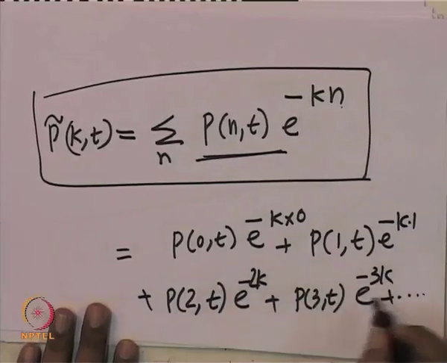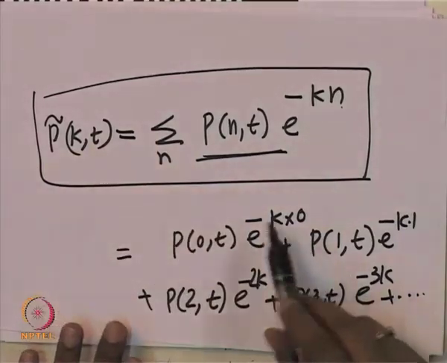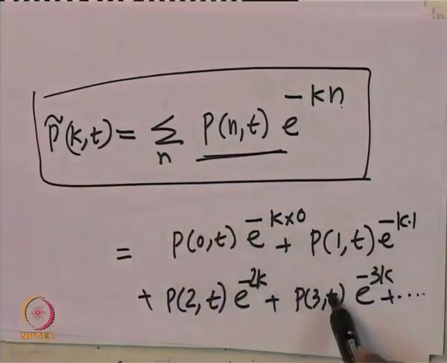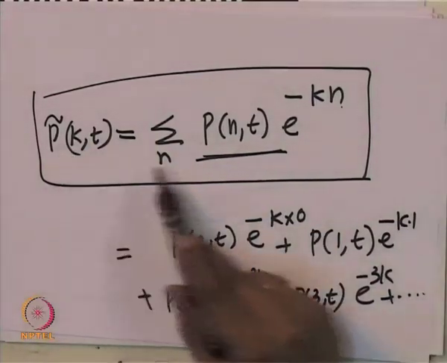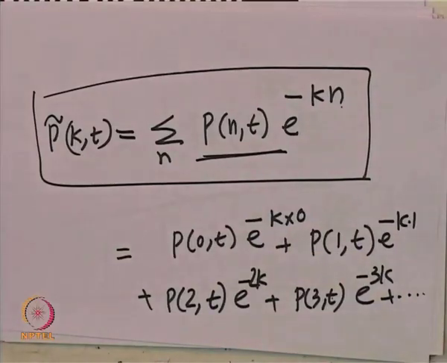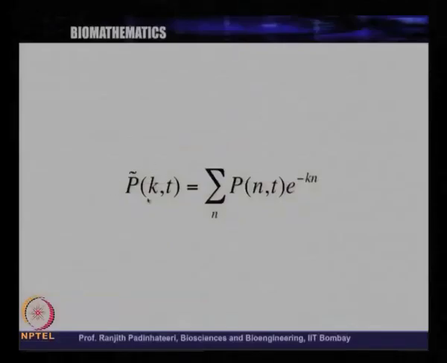You can do this sum and calculate this p tilde. So, if we know these p's, we can always calculate p tilde by this definition. So, this is the definition of p tilde of k, and that is what I have written here. P tilde of k is defined as the sum over n of p n t e power minus k n.